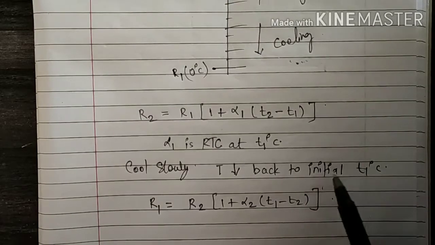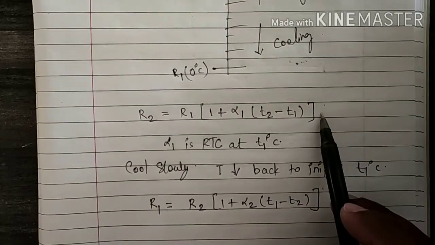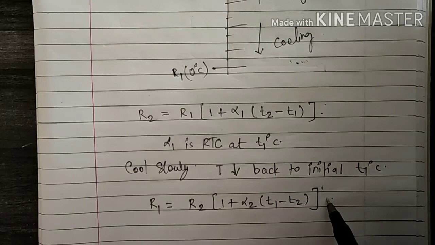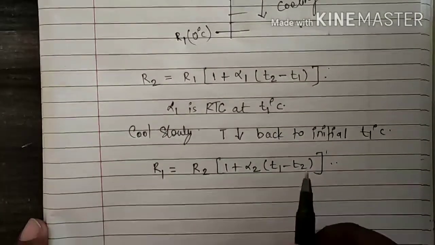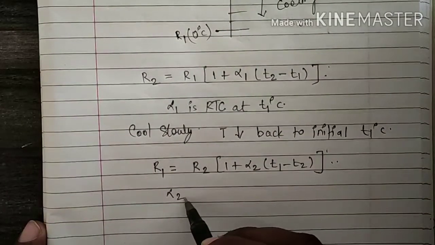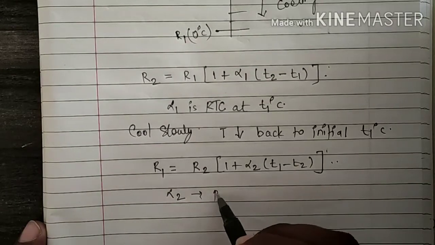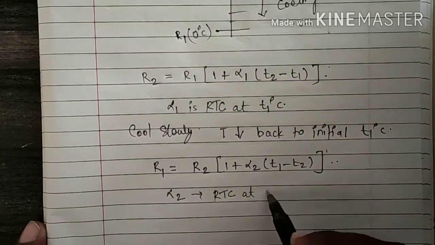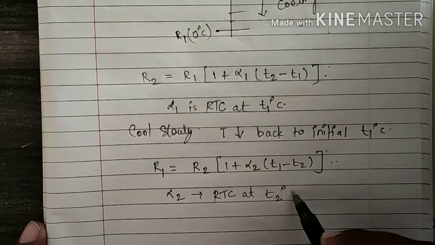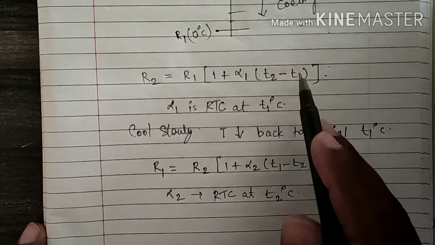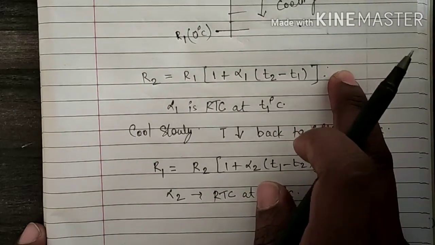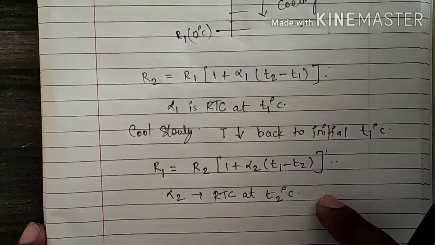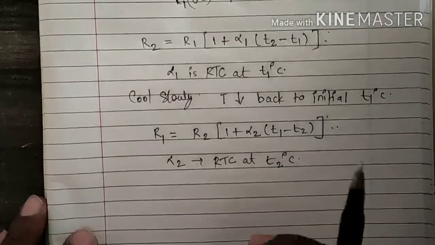It is the exact opposite: the first is in the case of heating, this is in the case of cooling, where alpha 2 is the RTC at T2 degree Celsius.